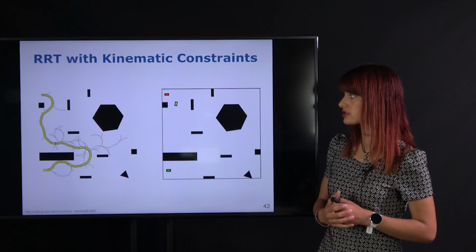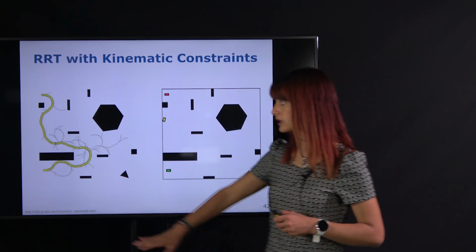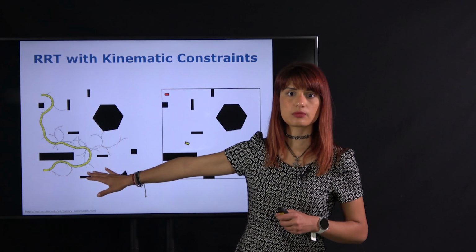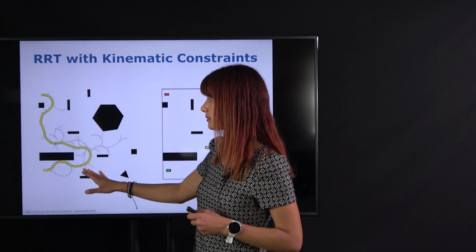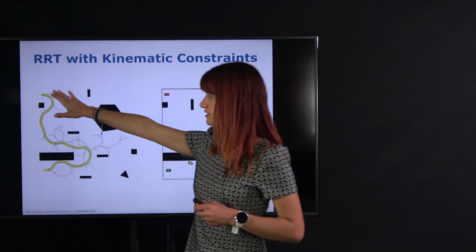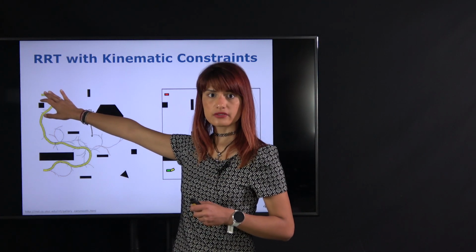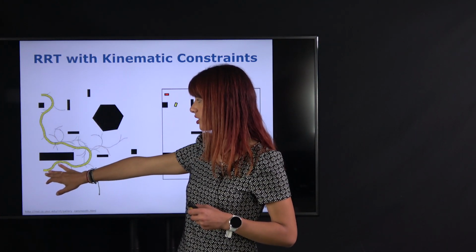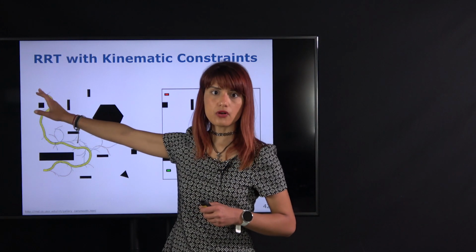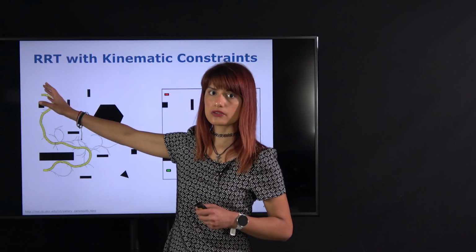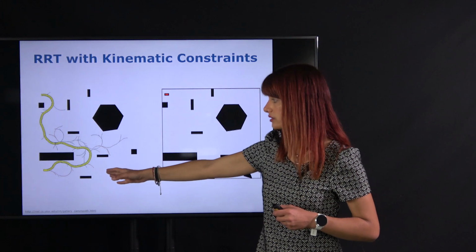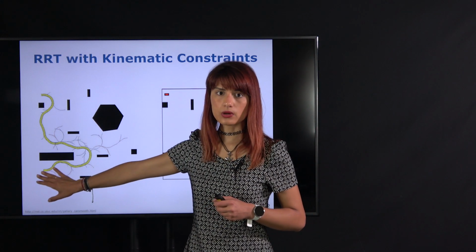And here is an animation that shows a path in an environment with obstacles that was planned using such an approach, an RRT with kinematic constraints. If we started from the top left of the environment and look for the goal on the bottom left, then we found a path that smoothly follows, abiding by the robot's curvature constraints, through the environment, avoiding the obstacles and eventually reaching the goal.